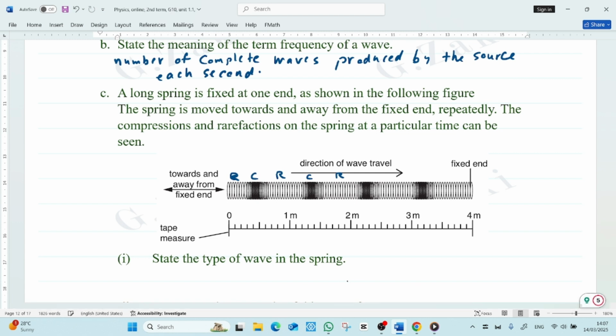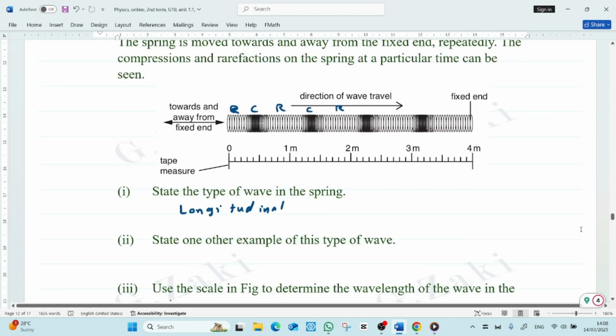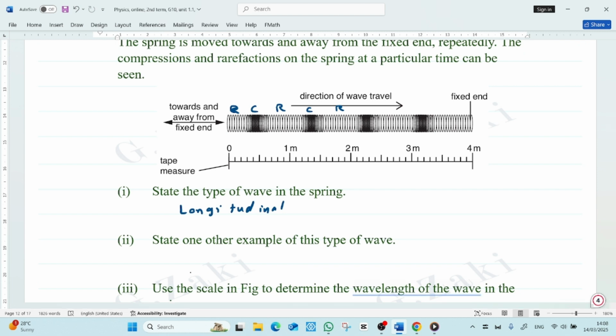State the type of wave in the spring. Of course, it is longitudinal. Next, state one other example of this type of wave: sound wave. Sound wave is a good example of a longitudinal wave.